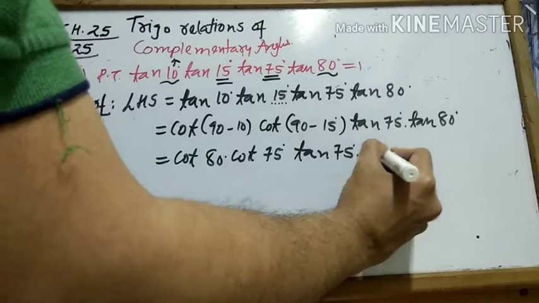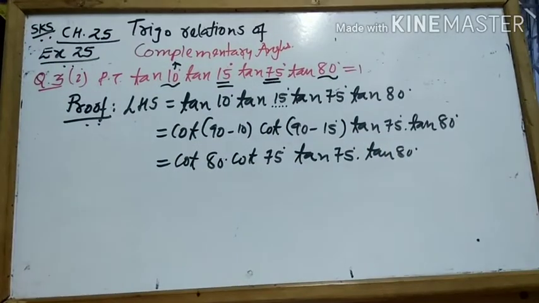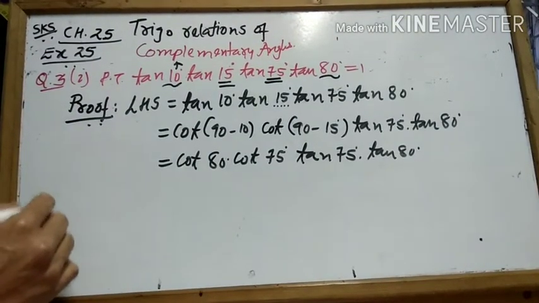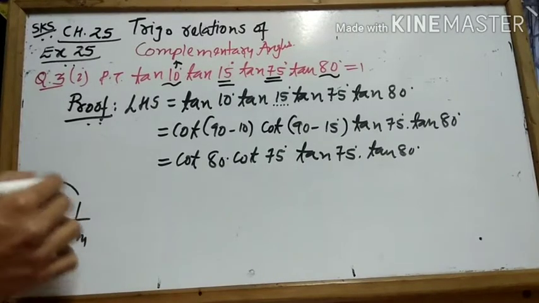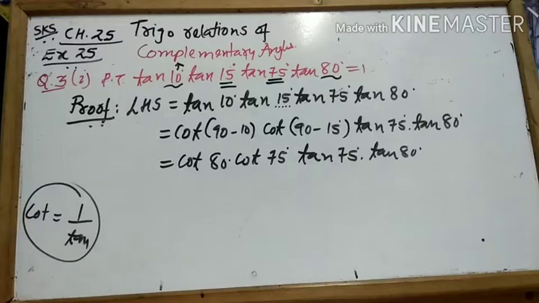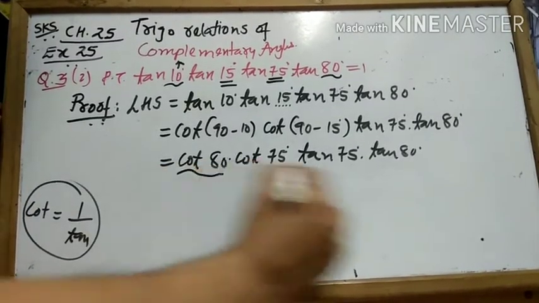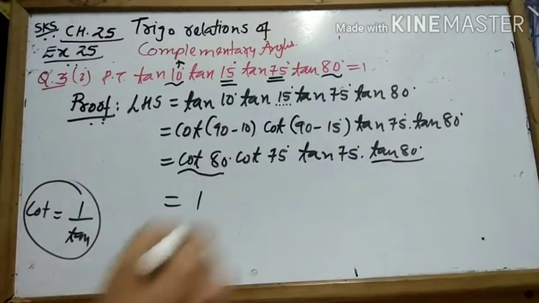Now you have to recall a simple property which we learned in the basic concepts also, that cot is equal to 1 upon tan. That means they are multiplicative inverses of each other. If I multiply tan by cot, it will be equal to 1. So here I can see cot 80 degree multiplied by tan 80 degree will fetch me 1.